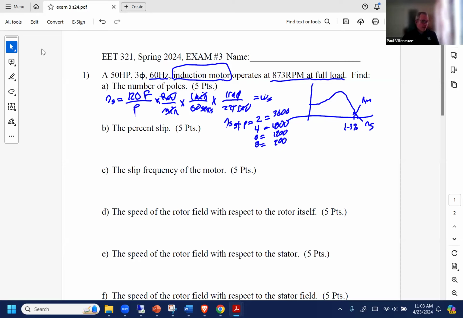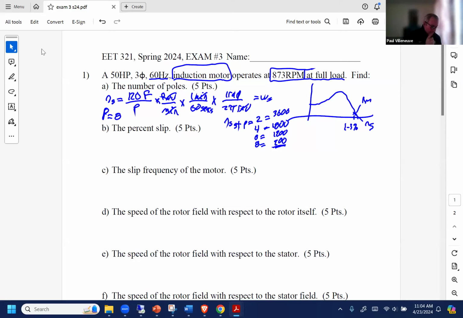And you can continue to go on and on, but what you realize is that out of these 4 here, 900 RPM is really close to 873 RPM. So through the process of elimination, P had to be equal to 8 poles. And again, this was a thought based on the actual operation of the machine at full load, which was 873.